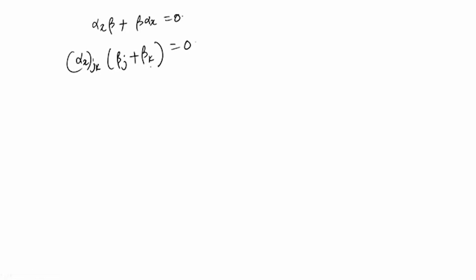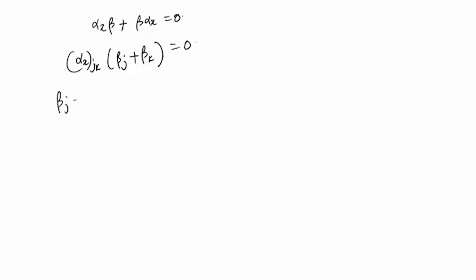Now, these beta j, beta k are the diagonal elements, and because it has eigenvalues plus 1 and minus 1, beta j can be equal to beta k, either both plus 1 or both minus 1. In both the cases, your alpha x is equal to 0.